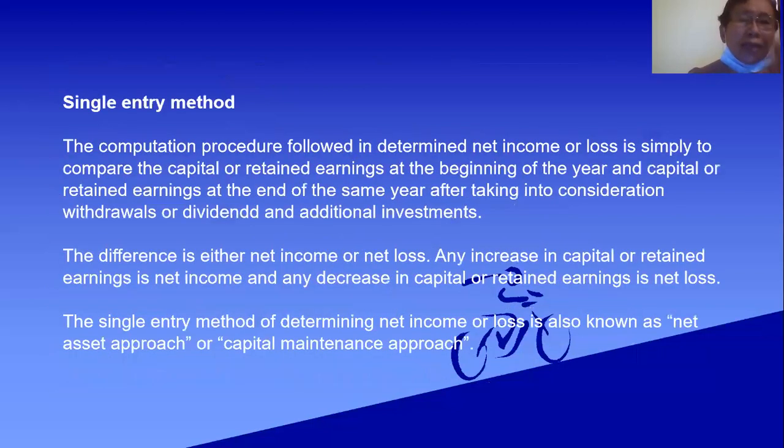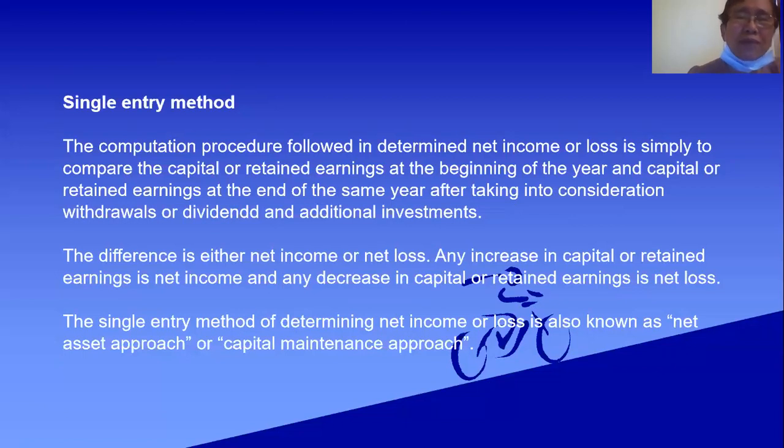Now, with the single entry method, the computation followed in determining net income or loss is simply to compare the capital or retained earnings at the beginning of the year and capital or retained earnings at the end of the same year, after taking into consideration withdrawals or dividends and additional investments.